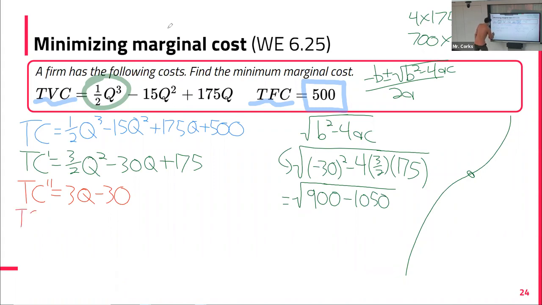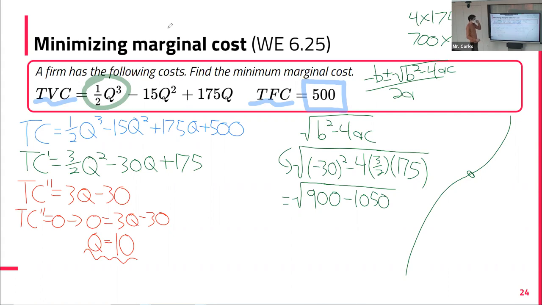Okay, we set this equal to 0. So 0 is equal to 3q minus 30. And this is really easy now. Q is 10. Okay, so that's where the minimum marginal cost is happening.